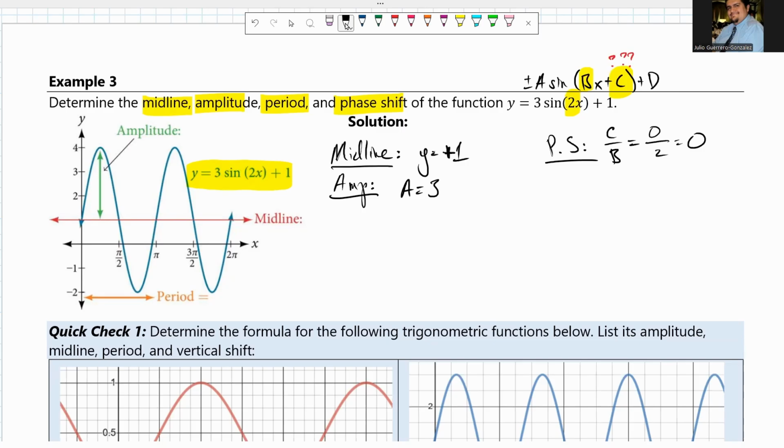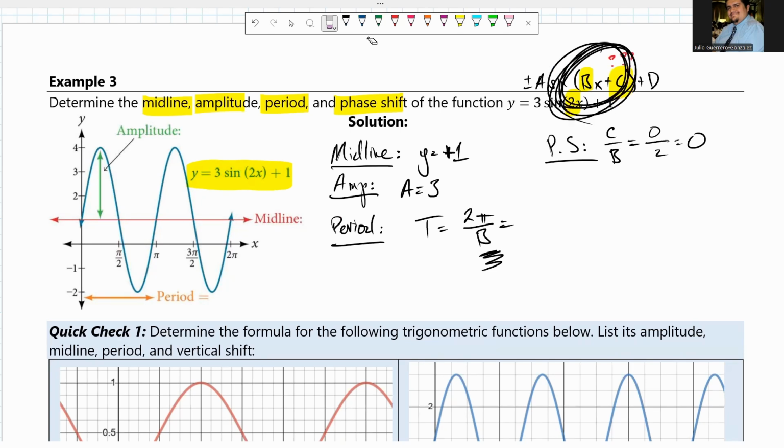One last thing, my period. My period is given by this equation, T is equal to 2 pi divided by b. So we know what b is from our equation. Bam, it's right there. In our case, it's this 2. 2 pi divided by 2.